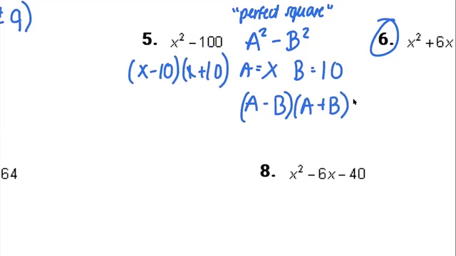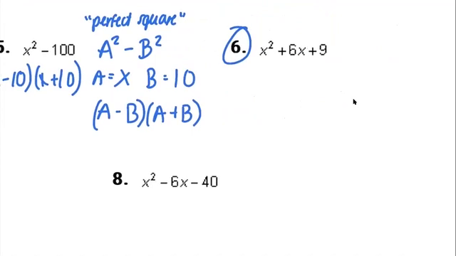And when we multiply these together or we FOIL this out, I have to get positive 10x minus 10x so that I have no x value there. So that's one of our perfect square examples.